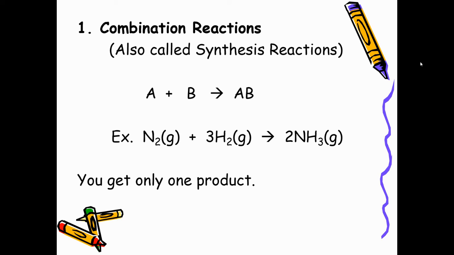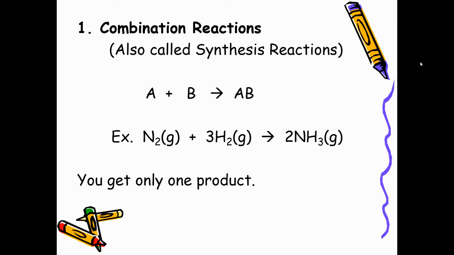Okay, multiples into one. So again, when you are looking at your product side, your rules for either ionic or covalent are the same. They'll combine in a certain way, like we talked about yesterday. The example that I had was Na plus F2 gives you NaF.